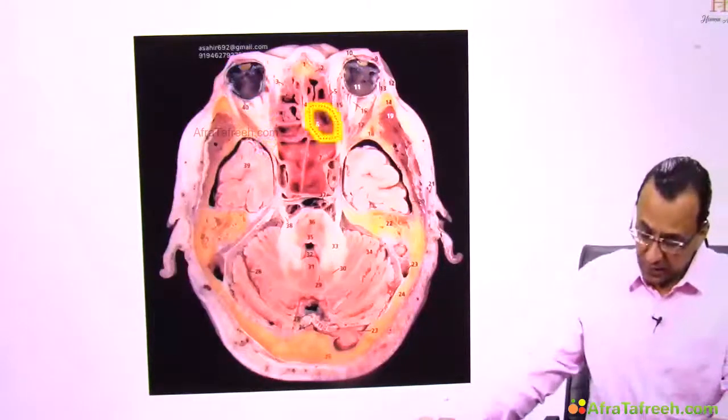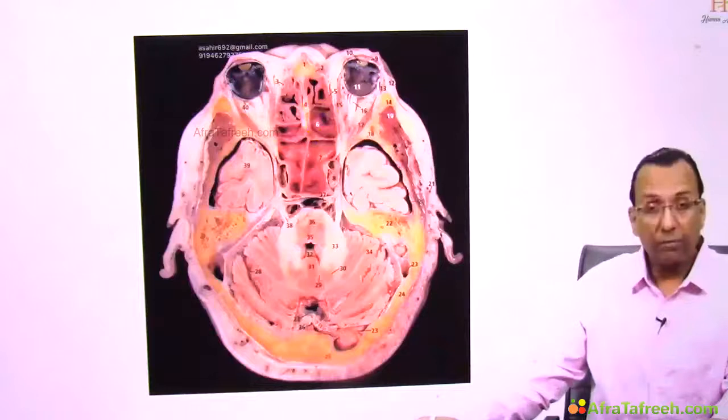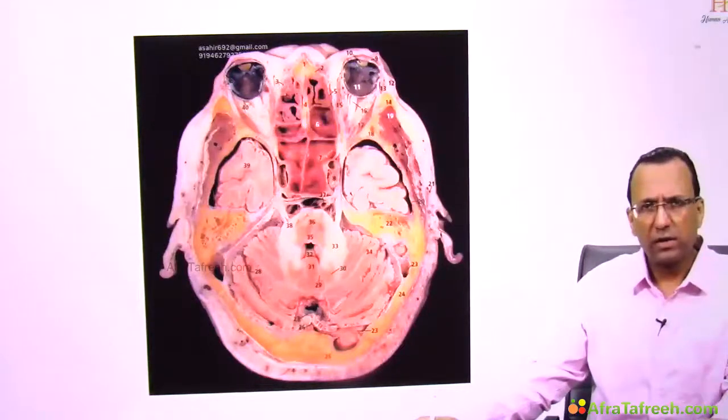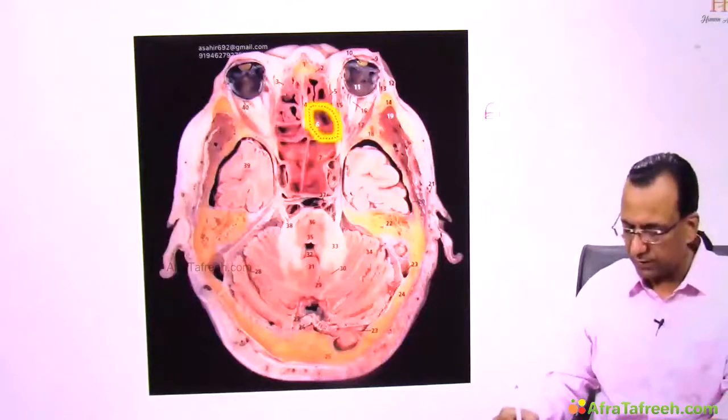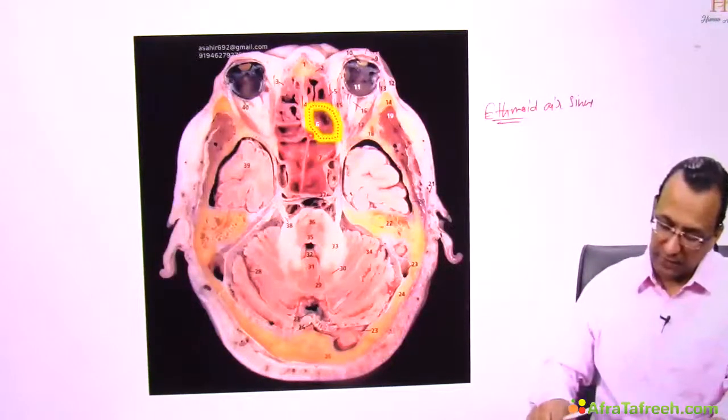And this is the bone of the nose. What is that? Ethmoid bone. So are you talking about the ethmoid air sinus? Yes, ethmoid is a pneumatic bone and this is the ethmoid air sinus.